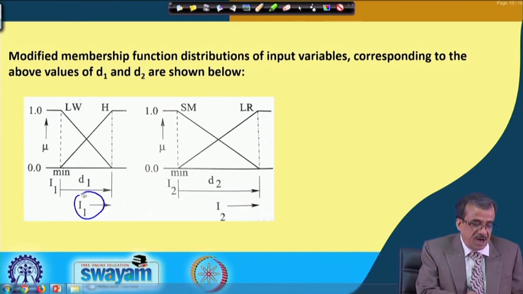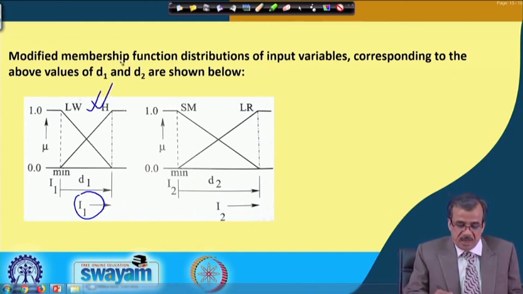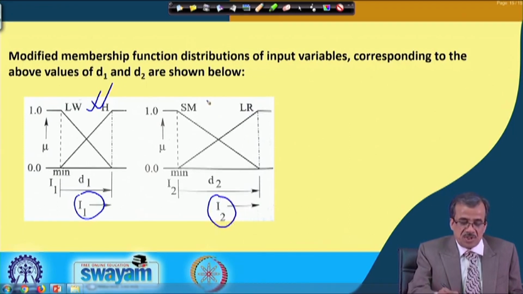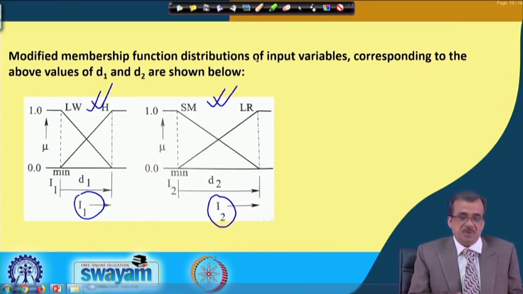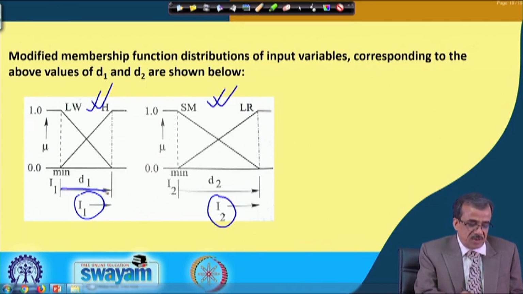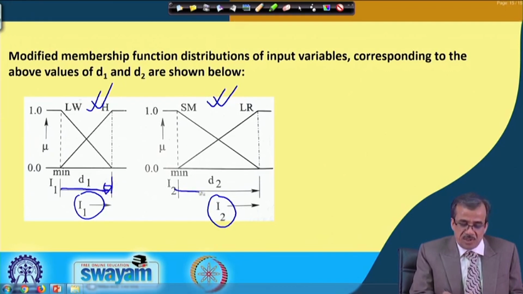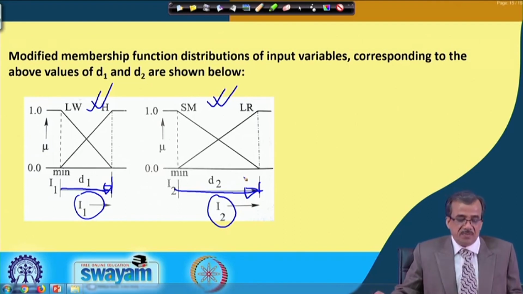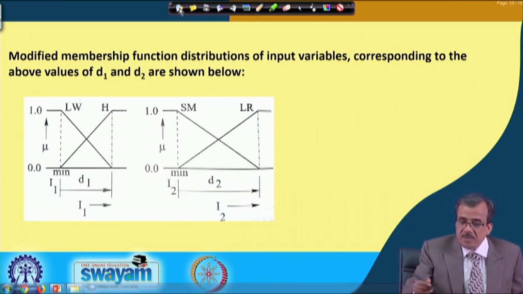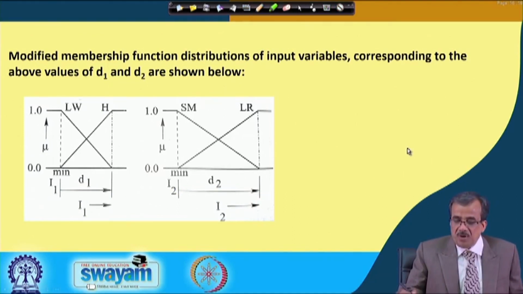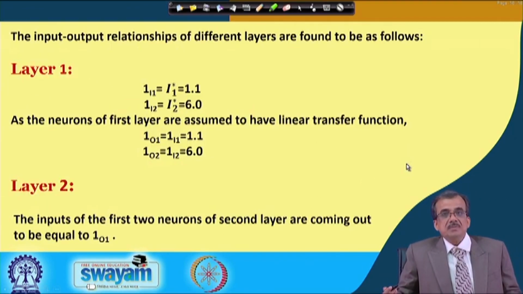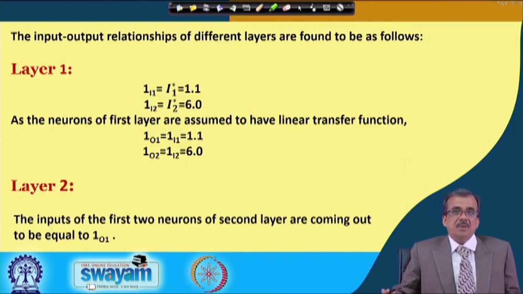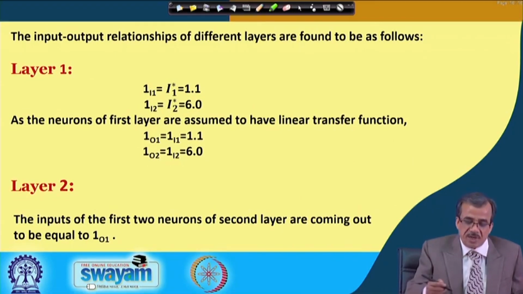For I1, this is the modified membership function distribution, and for I2, this is the modified membership function distribution, where D1 is this and D2 is this. So, we can find out the modified membership function distribution for the two inputs. And now, layer-wise, I am going to carry out the calculations.